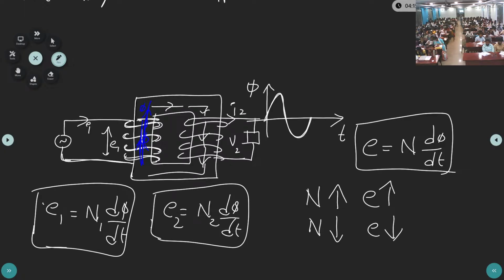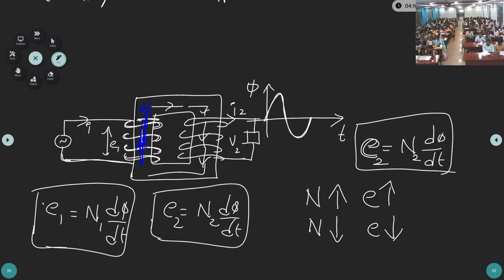So flux is linking with the coil, dφ by dt. How many turns are there? N2 turns, which will induce an EMF. So that will become E2 is equal to N2 dφ by dt. So see how the secondary EMF is induced, by mutual connection, not direct connection.